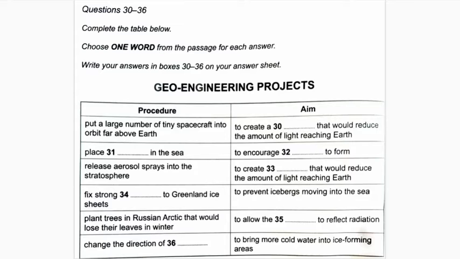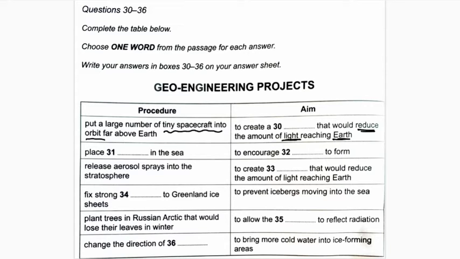Then after that, in 30 to 36, the fill in the blanks. You can find that two parts are given, procedure and aim. The first statement is: put a large number of tiny spacecraft into orbit, right? So this is the procedure, and what is their aim? To create dash that would reduce the amount of light reaching the earth, right?